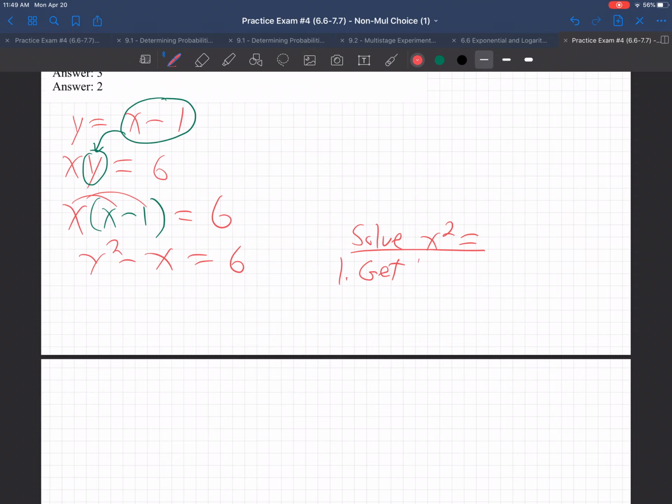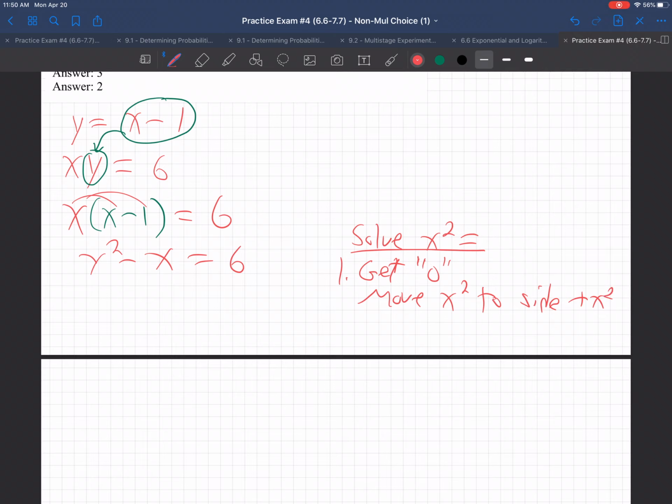You've got to get a 0 on one side. So move x squared to the side where it'll be positive.